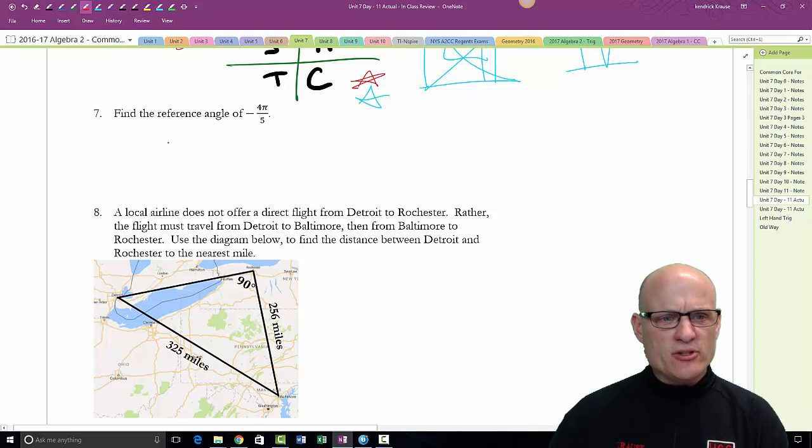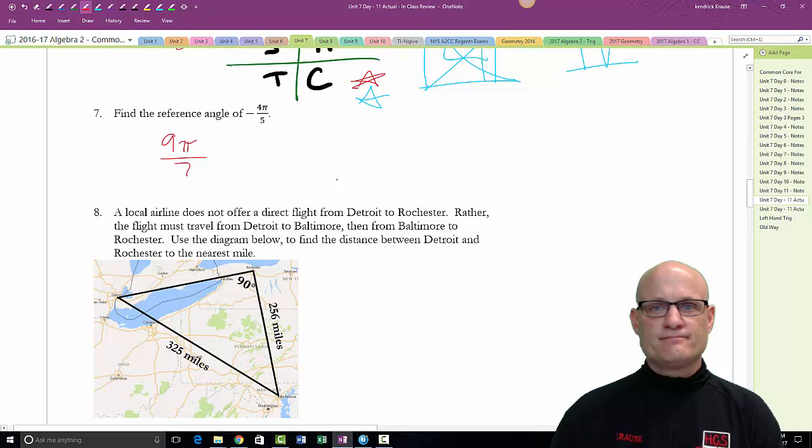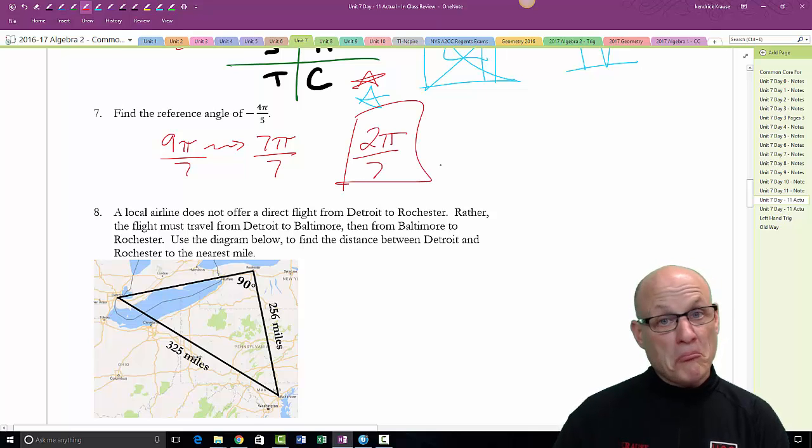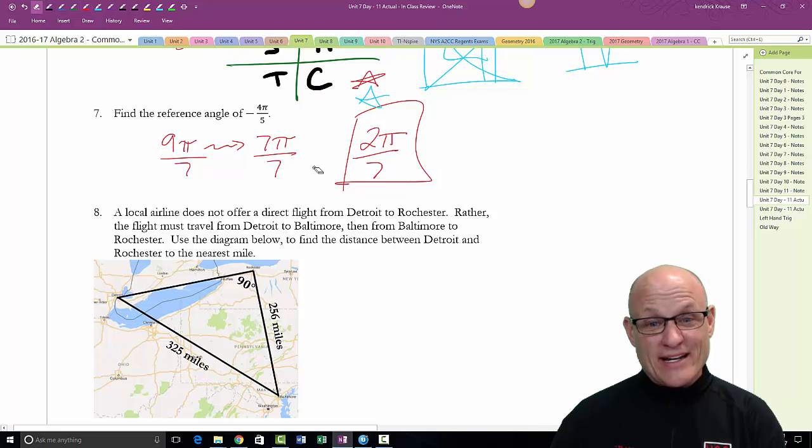Let's say I gave you 9 pi over 7, and I want the reference angle. I can change 7 to 7 pi over 7 and ask how far away 9 pi over 7 is from 7 pi over 7. It's 2 pi over 7. There's your reference angle. That's what's nice about radians, it makes it quite easy to do.